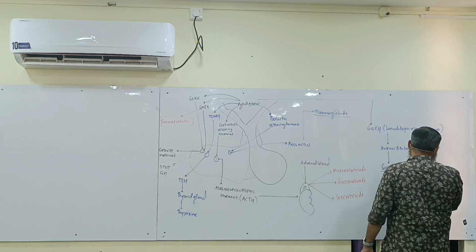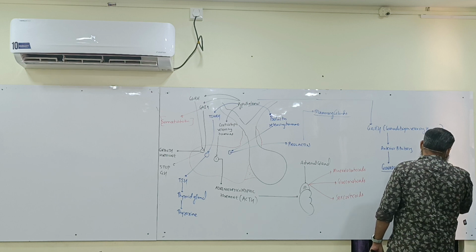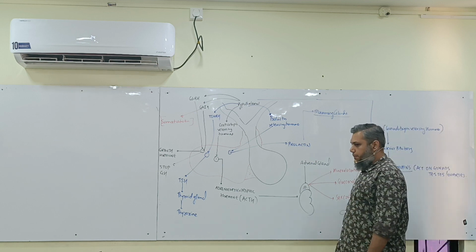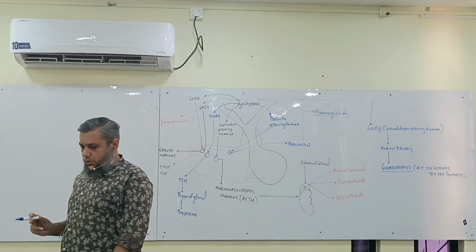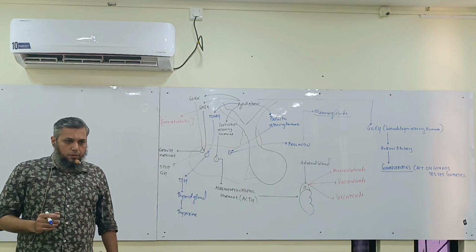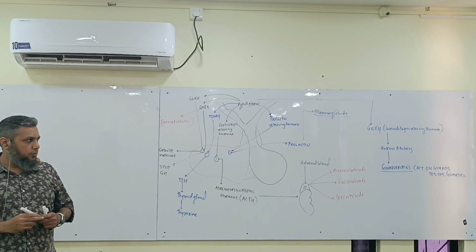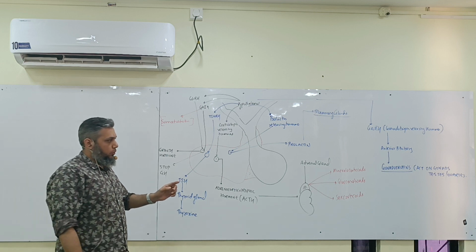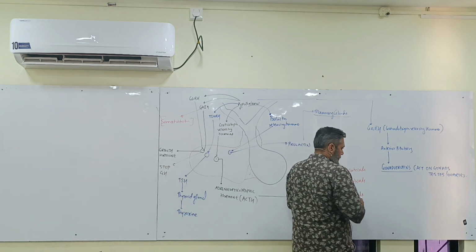Gonadotropins are those which act on gonads. Gonads are called testes and ovaries in males and females respectively. Male gonad is called testes and the female gonad is called ovaries. Clear everyone? Okay. Now these gonadotropins के एग्जाम्पल्स दो हैं.